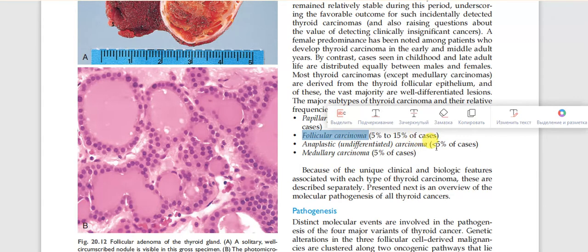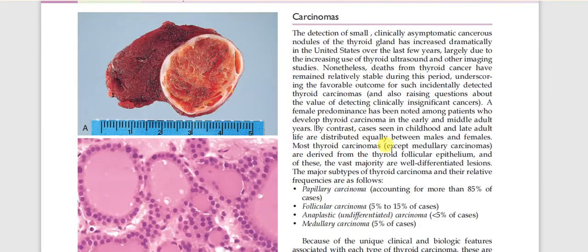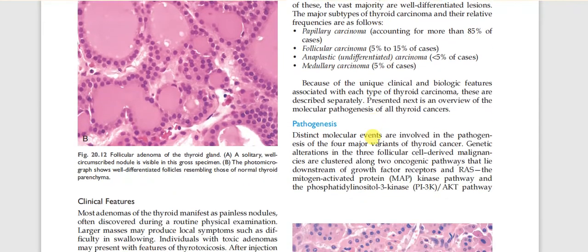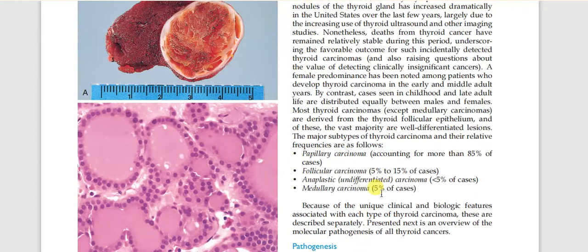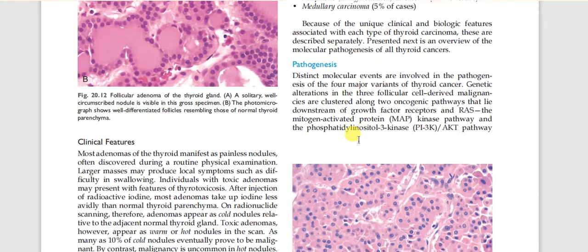Then anaplastic carcinoma, less than 5% of cases, and medullary carcinoma. In these cases, thyroid hormone secretion is not very common, because of dysplasia or anaplasia of these tissues, which leads to decrease of hormone synthesis.